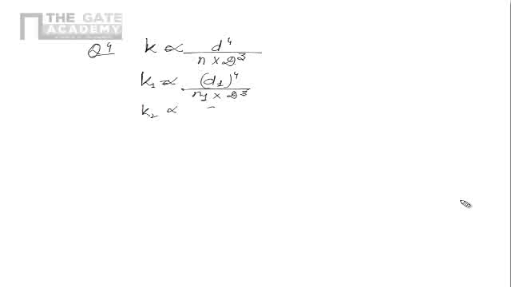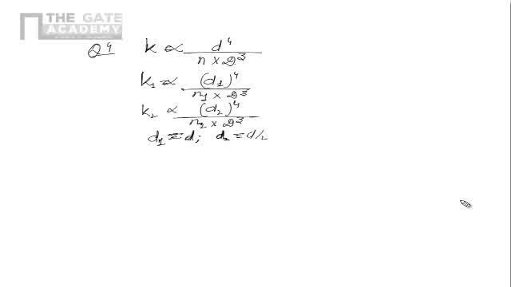K2 will be proportional to d2 to power 4 upon n2 into D cube. Now we have been given that d1 is d and d2 is d by 2. The first coil has wire diameter d and the second coil has wire diameter d by 2.